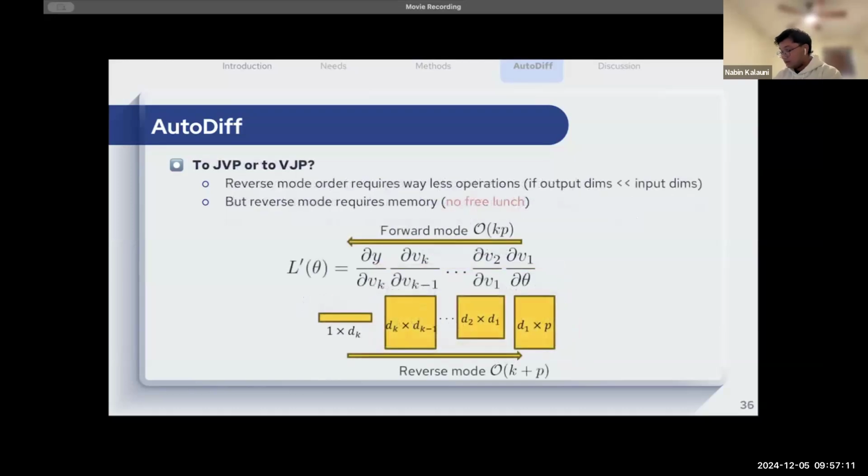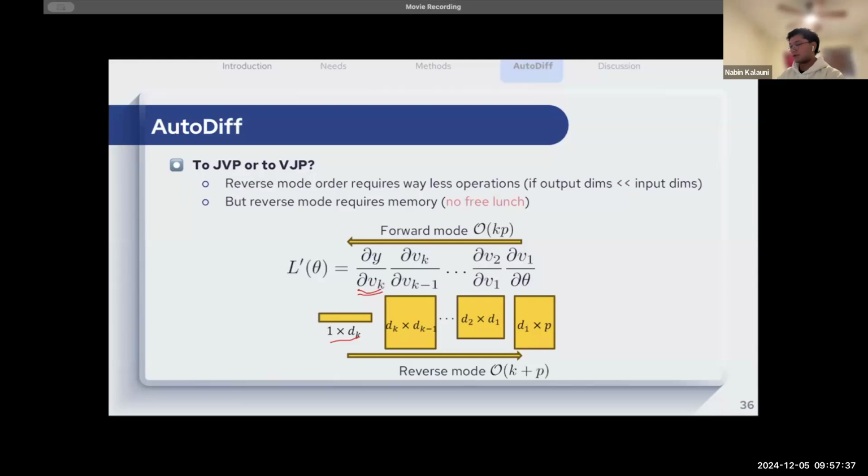And now the question is, should you multiply it in the forward mode or should you multiply it in the reverse mode, right? For this particular example of neural networks, because we have a scalar valued loss function, this first term looks something like this. This is like a row vector, and then every other term in this big chain rule are just matrices, right?